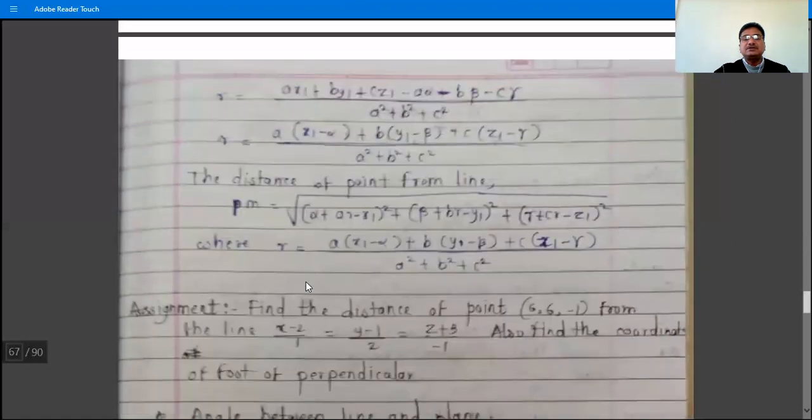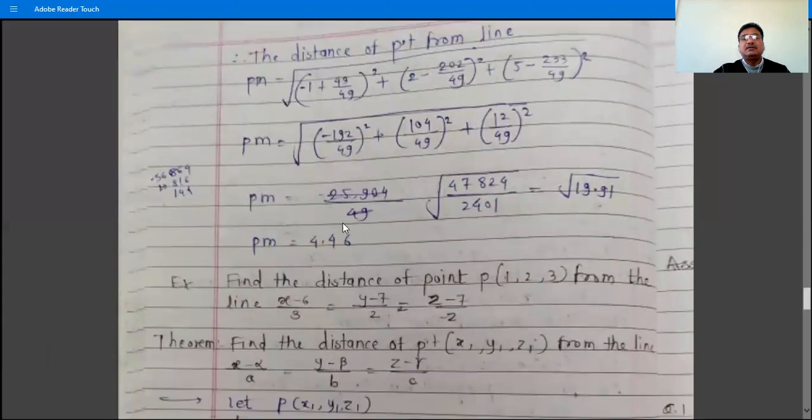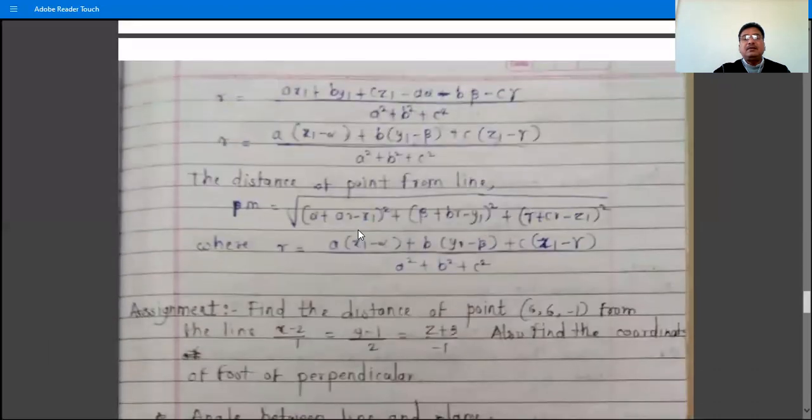So by using the distance formula, the distance between P and M is the square root of (alpha plus AR minus x1) square, where x1 is the x coordinate of point P, plus (beta plus BR minus y1) square, where beta plus BR is the y coordinate of point M and y1 is the y coordinate of point P, plus (gamma plus CR minus z1) square, where R is this value.